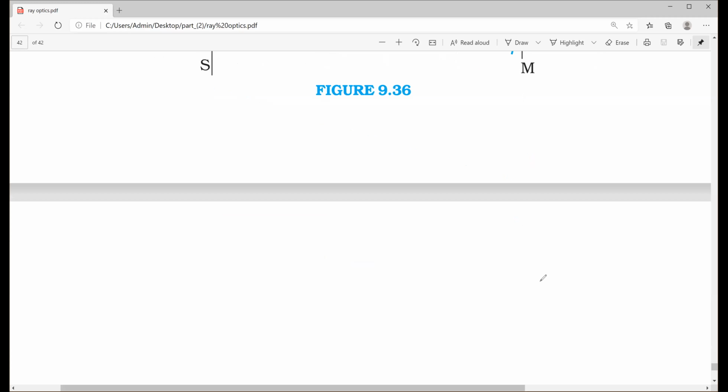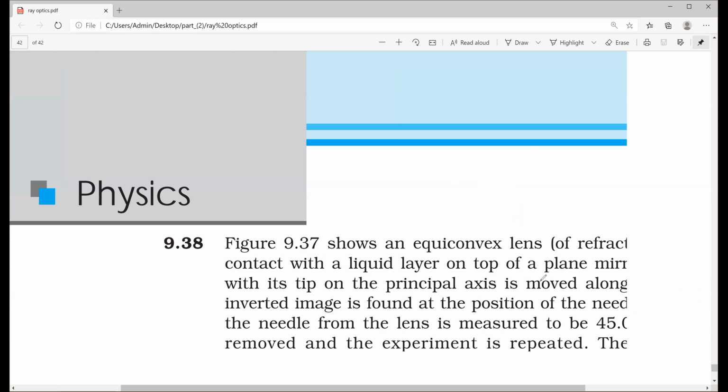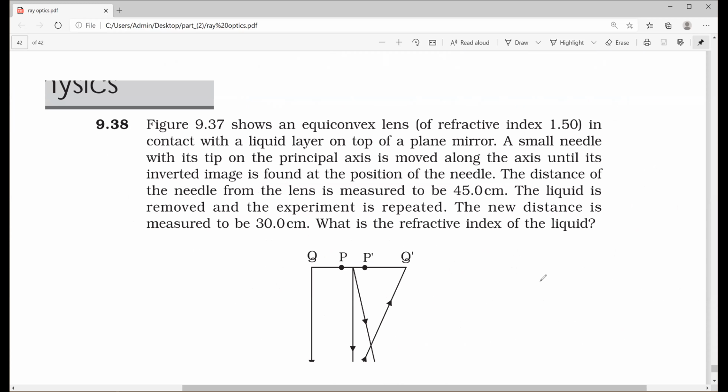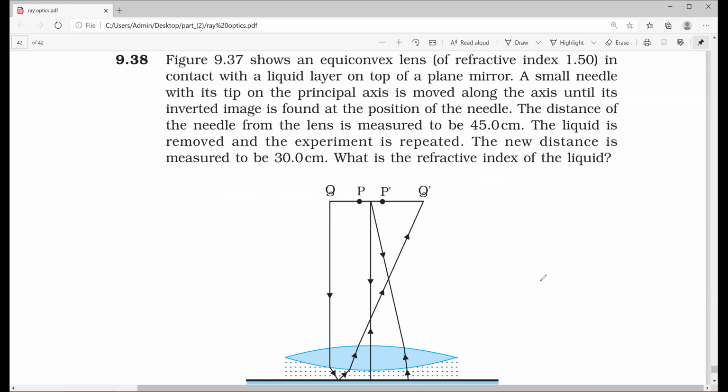So that is the last one, 9.38. So note what they ask in 9.38. The figure shows an equiconvex lens in contact with a liquid layer on top of a plane mirror.